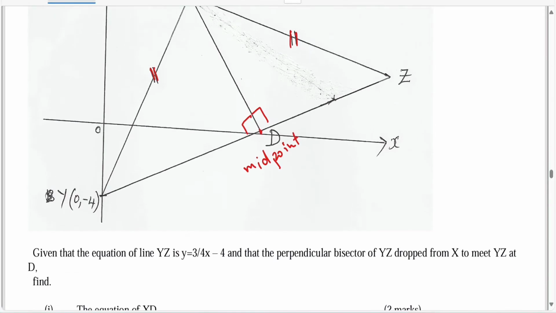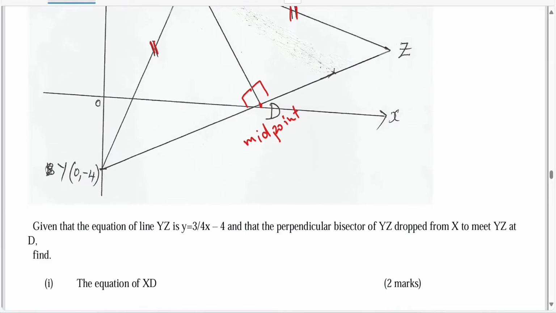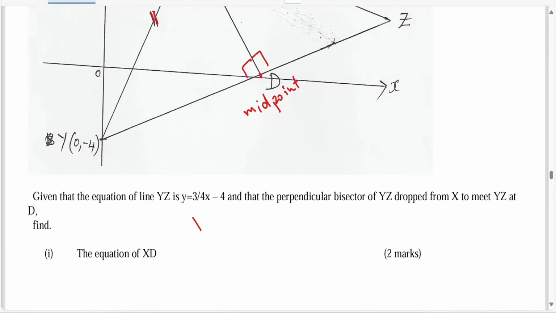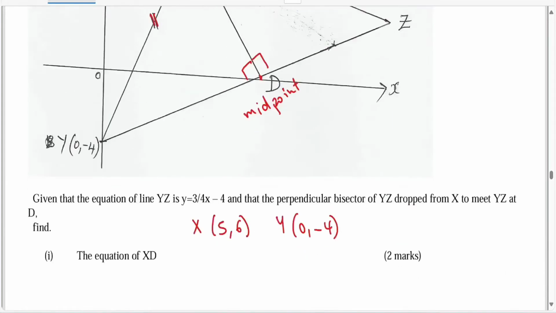So okay. Just to rescue myself, let me write X as 5, 6 and Y being 0, -4 because I'll be using it. Okay, yeah, so it's correct.